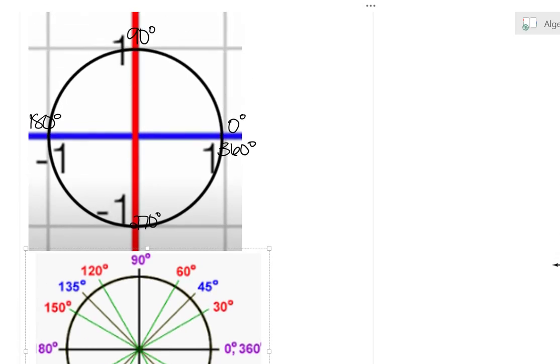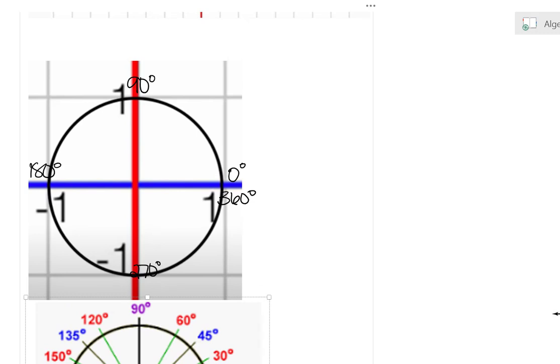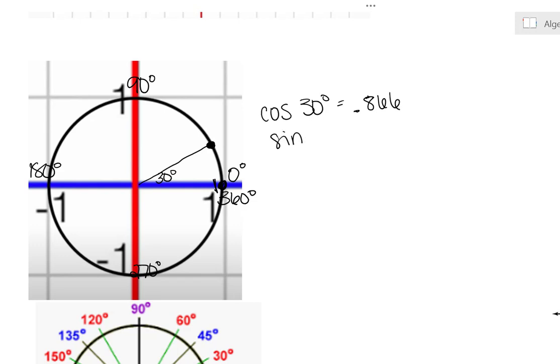So I'm using both of these measurements right here. I know that 30 degrees would be about right here. If I know that the value of this guy is 1, I said cosine of 30 equals 0.866. Sine of 30 equals 0.5.